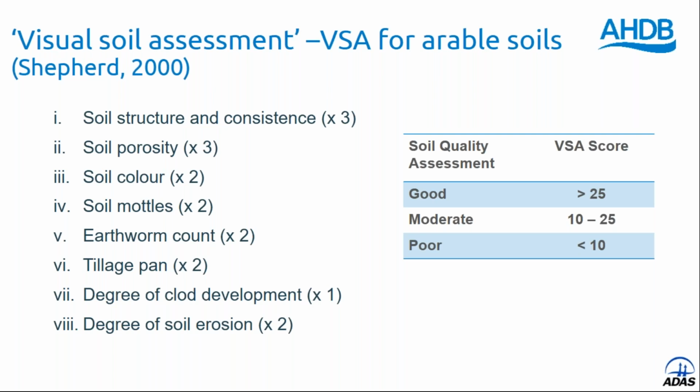What you do is first of all do a bit of an evaluation to see if you've got any layering and where, if there is a tillage pan, for example. But then you drop that block of soil up to 3 times on a hard surface, on that hard tray, and you look and see how the aggregates break up.